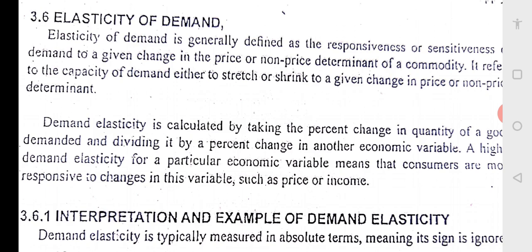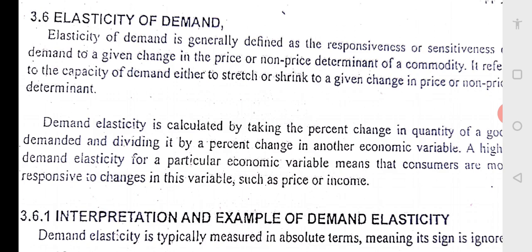Okay, so you can take one example. The motorcycle sales before Bharat Stage 6 were more. But after the introduction of Bharat Stage 6 and some more safety norms like ABS, the bike prices have increased, and because there is an increase in the price, the quantity demanded is reduced.